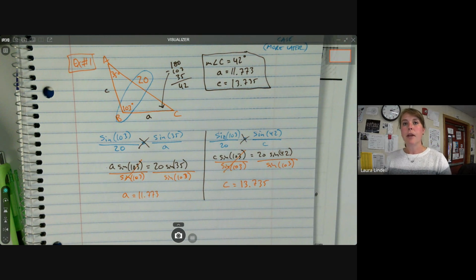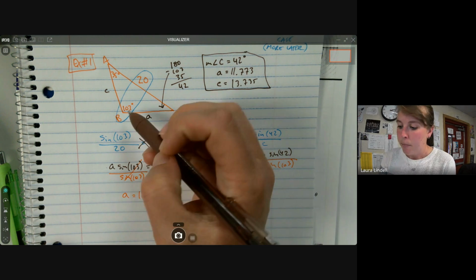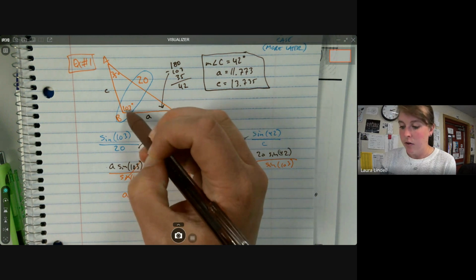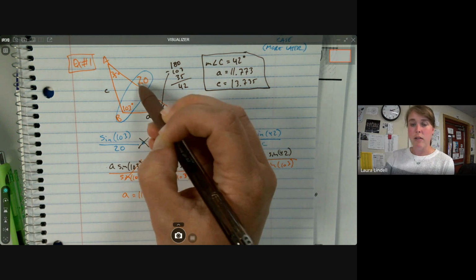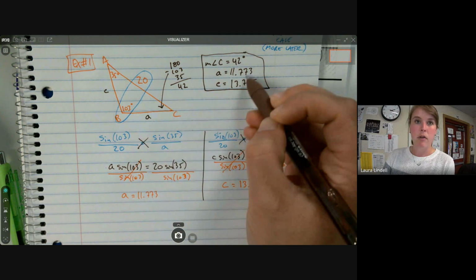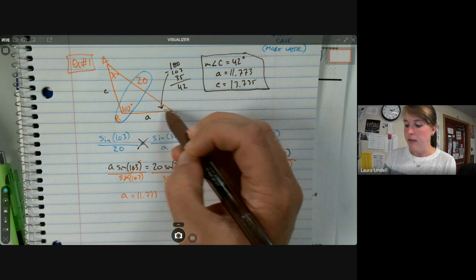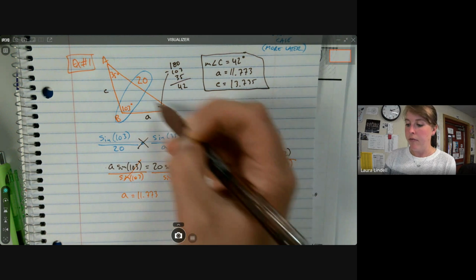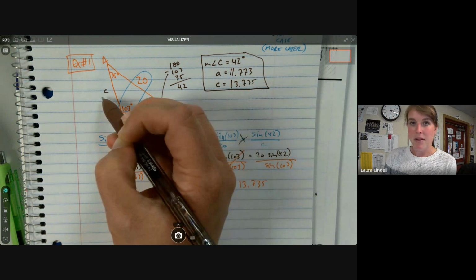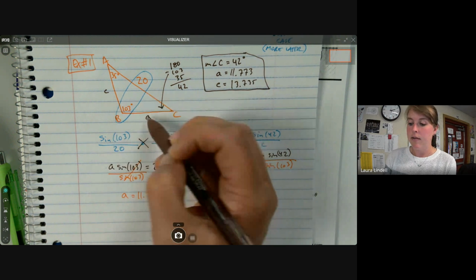And if you're ever trying to check and see if things make sense, a helpful thing that you can remember from geometry is that the longest side is always across from the largest angle. So if we look at our picture, B is 103 degrees, that's the largest angle, and this 20 is the largest side because the other two are smaller than 20, right? And then the medium angle is 42 degrees, it's bigger than 35. That means that C should be bigger than A. And it is.